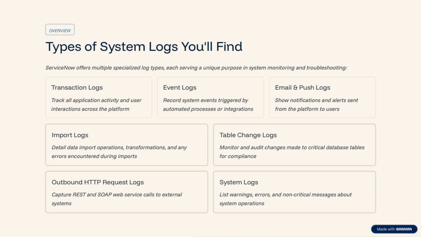Transaction logs track all application activity and user interactions across the platform, providing a comprehensive view of user behavior and system usage. Finally, ServiceNow offers multiple specialized log types, each serving a unique purpose in system monitoring and troubleshooting. Understanding these different logs allows us to maintain a healthy, compliant, and efficient platform.